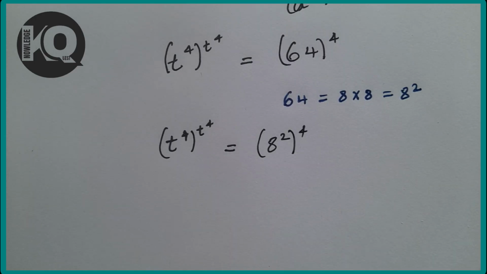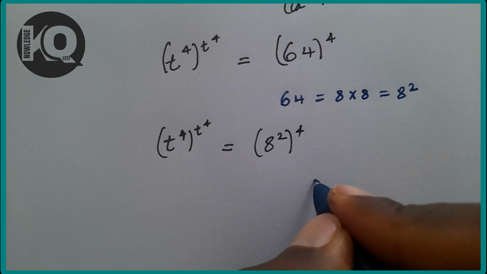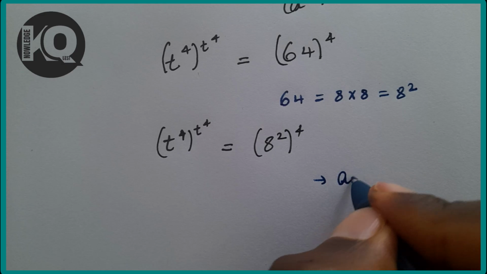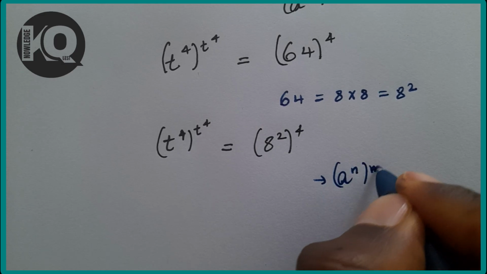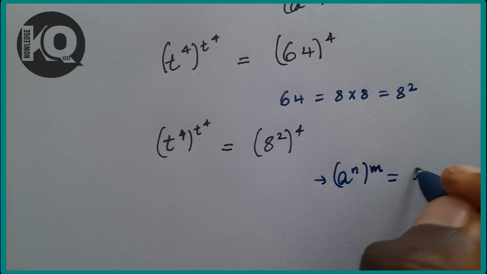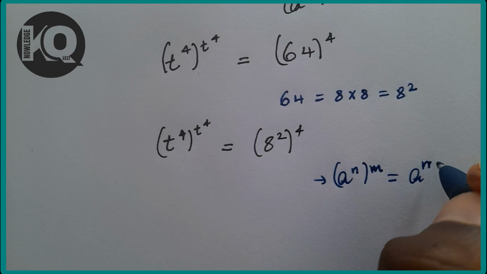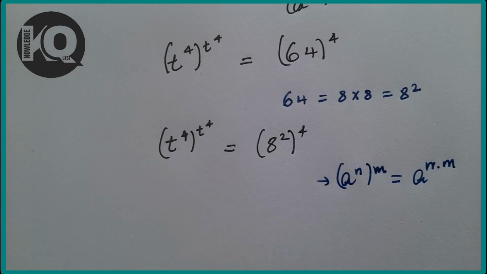So again, from the rule of exponents, a power of n power of m is equal to a power of n times m.